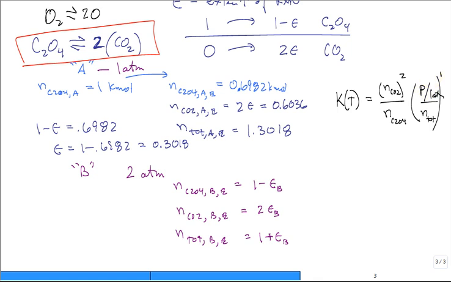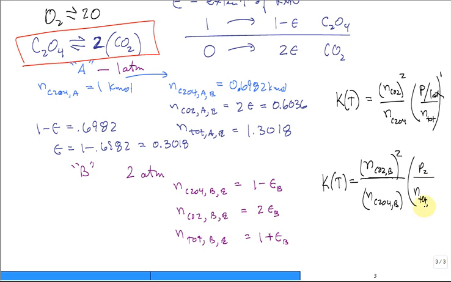Thumbs up if you like that. Good. Now, this is all for case A. How about down here, case B? The same equation applies. So we have that K of T for case B is equal to the number of moles of CO2 for B in equilibrium squared, divided by the number of moles of C2O4 for case B in equilibrium times P2 divided by number total B all to the 1 power.